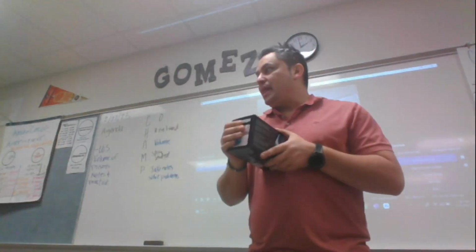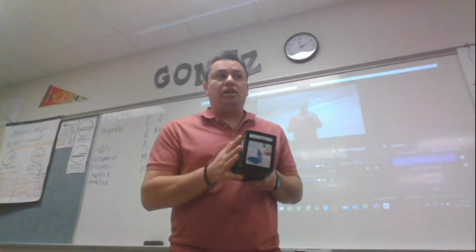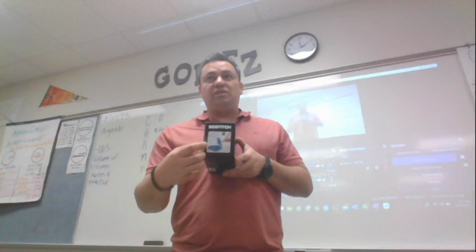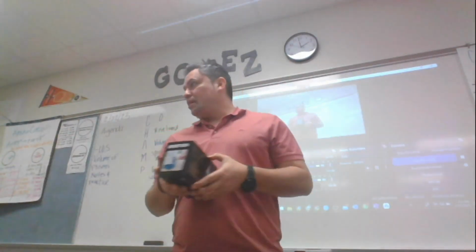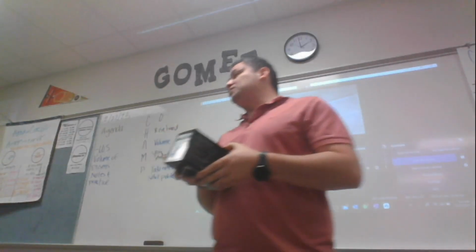Now when I look at the base, what shape is this base? We're just looking at this right here. It's a rectangle. That's why it's called a rectangular prism. If this was a circle, then it would have been called a cylinder. Sphere is a ball.